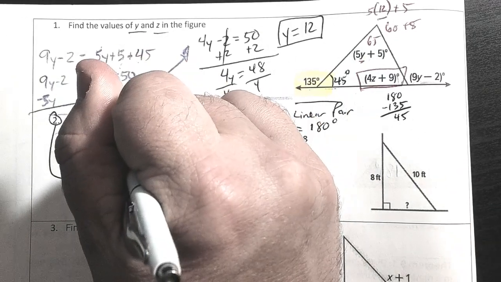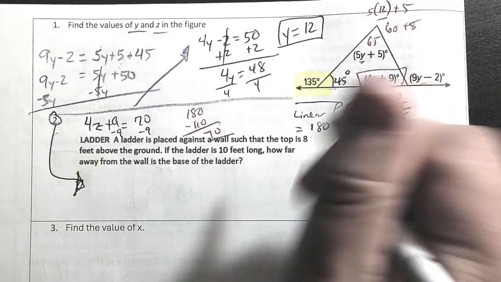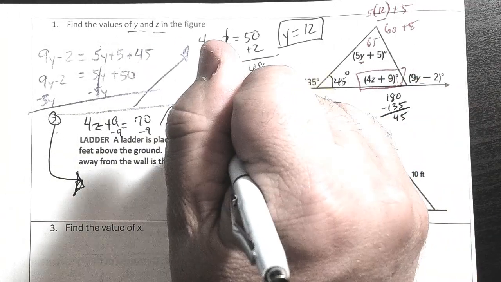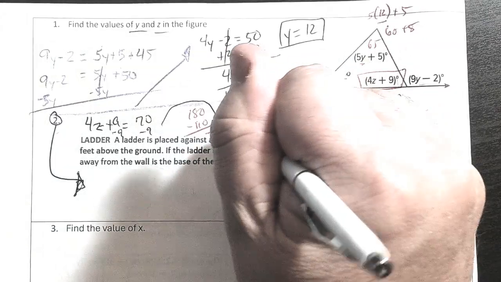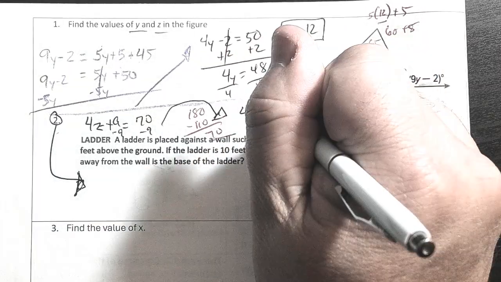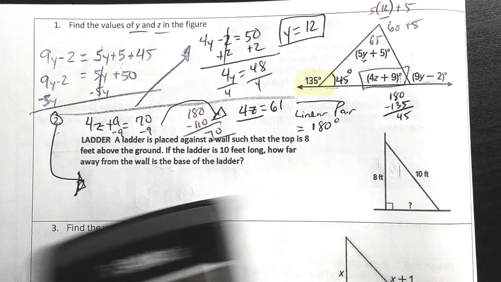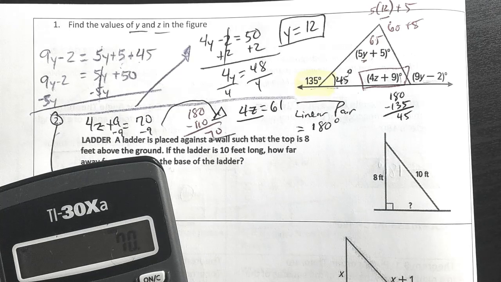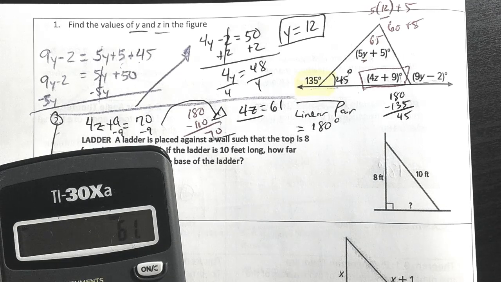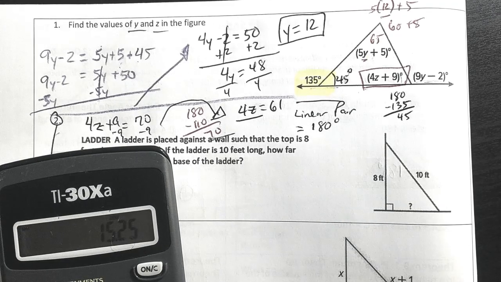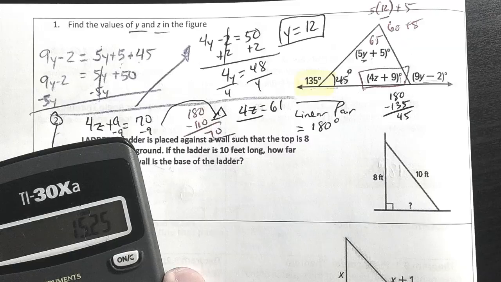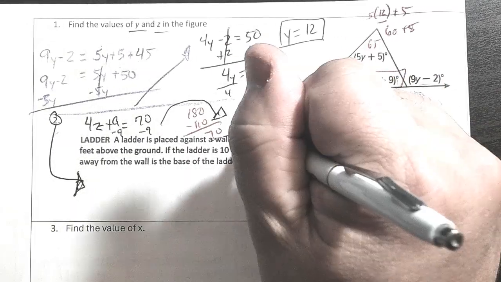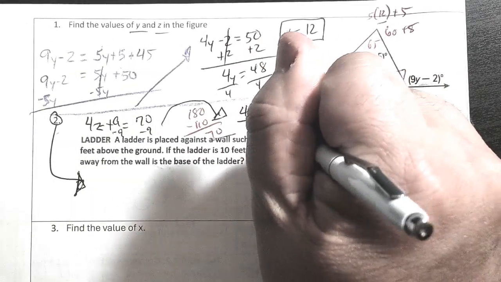So we're going to subtract 9 from both sides. 4z equals 61, because 70 minus 9 is 61. Then we divide it by 4, and we get 15.25. So z equals 15.25.